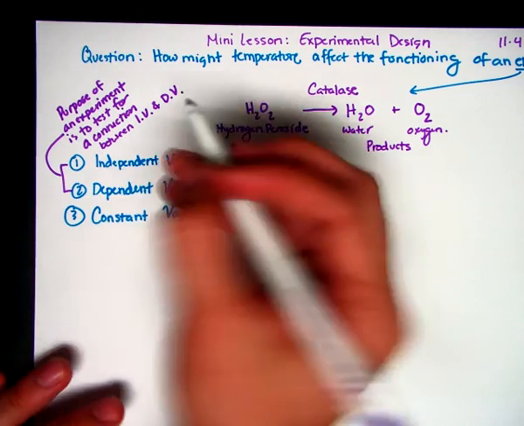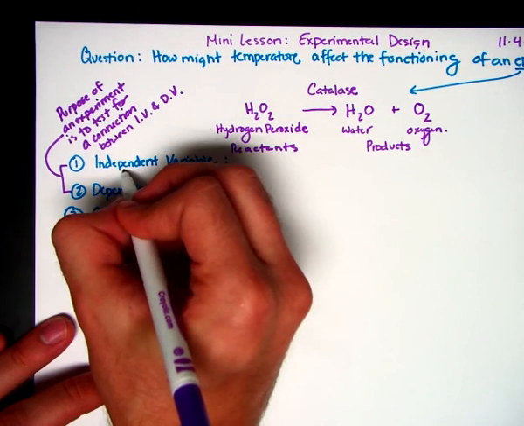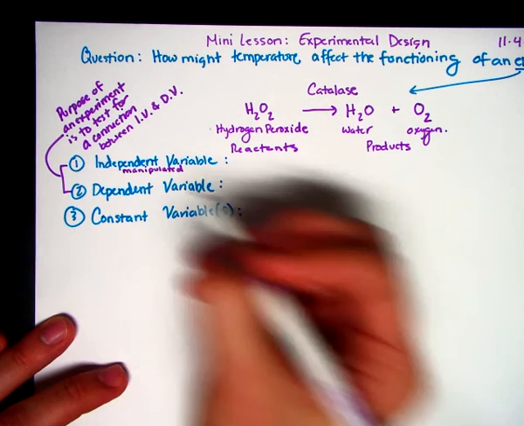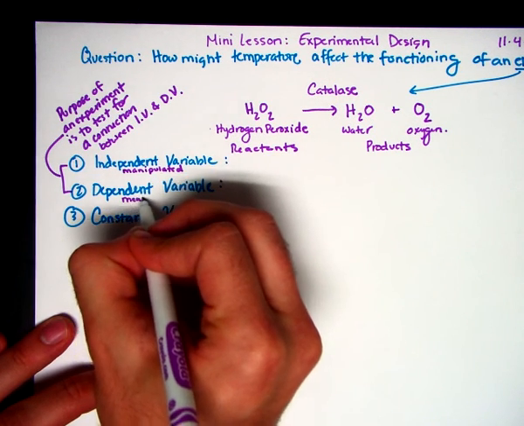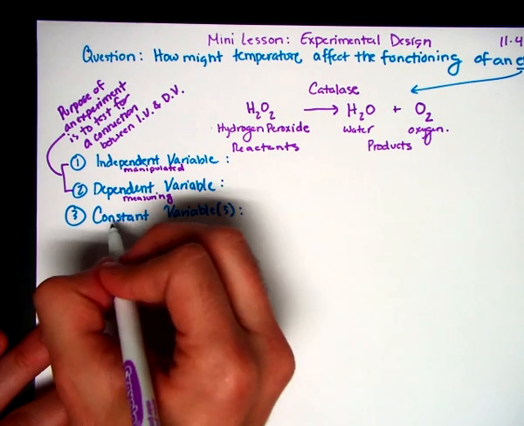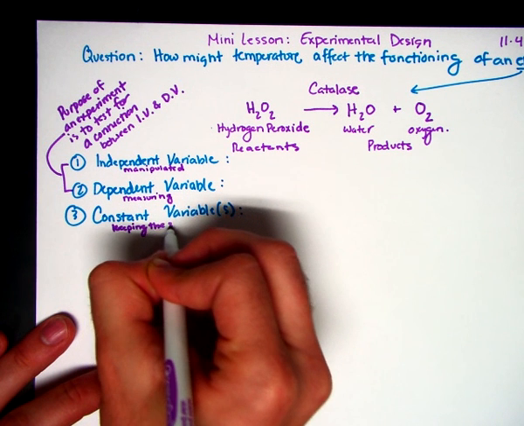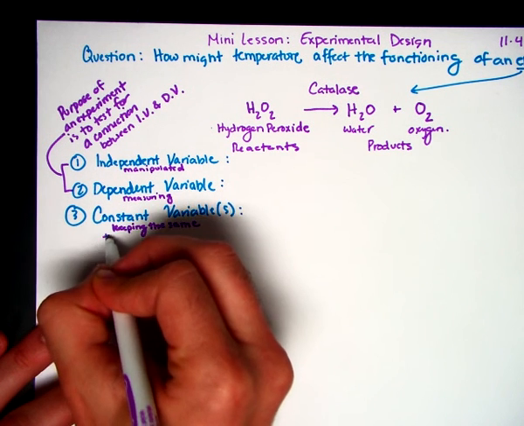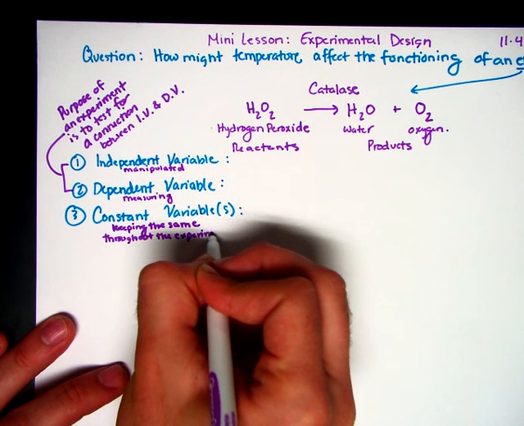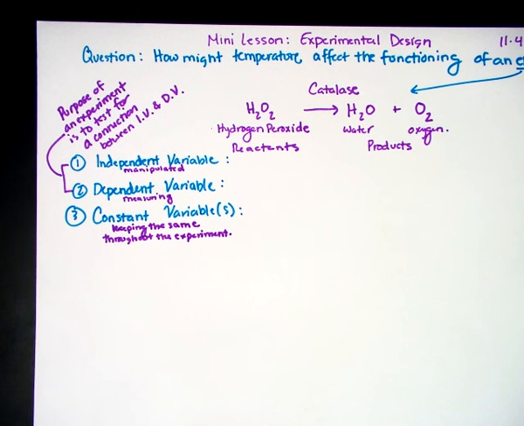Our independent variable is the thing that we will actually be changing or manipulating. We call this the manipulated variable. Our dependent variable is what we are measuring. And our constant variables are those variables that we are keeping the same throughout the experiment. And this helps us to focus on the connection between the independent and the dependent variable.